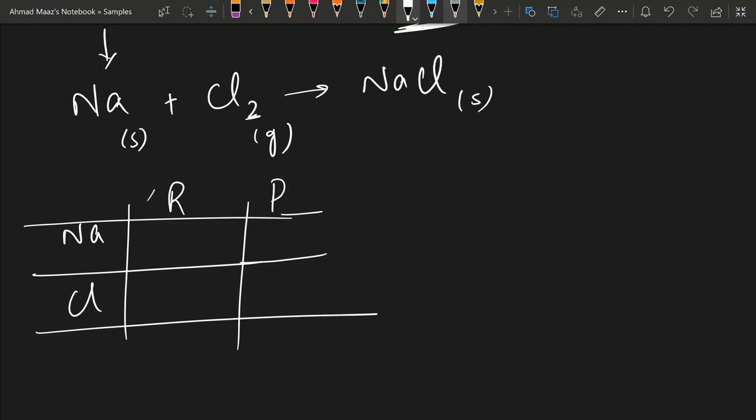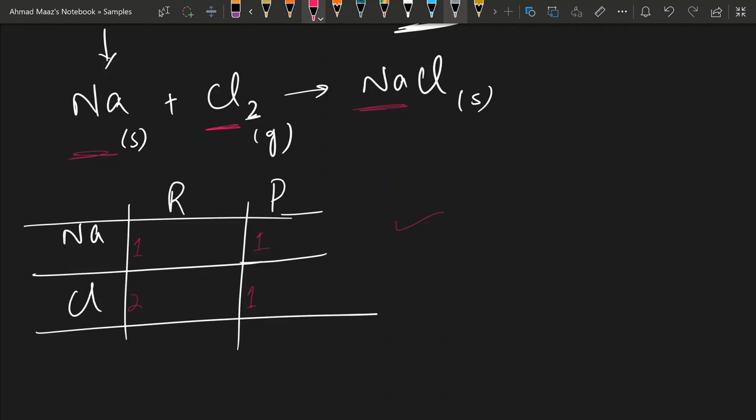On the reactant side, we have one sodium, and we have one sodium on the product side. Sodium is already balanced, it's equal. Whereas we have two chlorine atoms on the reactant side, and we have only one chlorine atom on the product side. Now this needs to be treated.